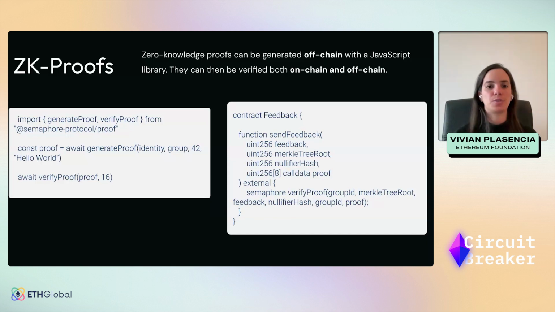So it's better to always generate them in a front-end app, on one device, so that only the user owns their private values. This way you can generate the proof and verify it with the JavaScript library, and in the other box you can see how to verify it in the contracts.